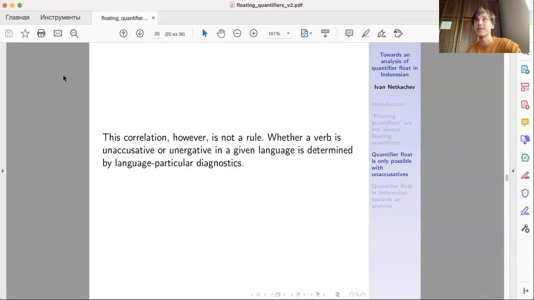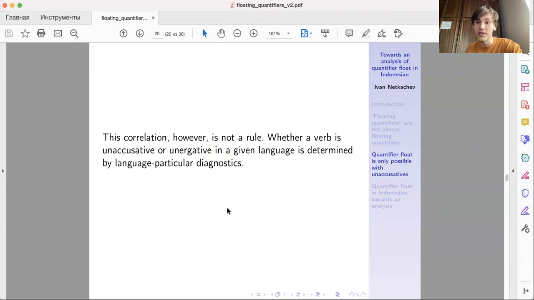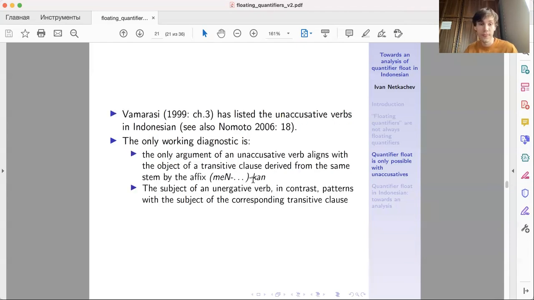However, this is just a mere correlation, so this is not a rule. It is not the case that all the verbs with experiencer subjects are unaccusative in all languages. One should still find some syntactic distributional diagnostics for unaccusativity in a given language.